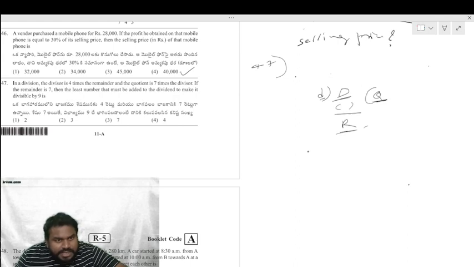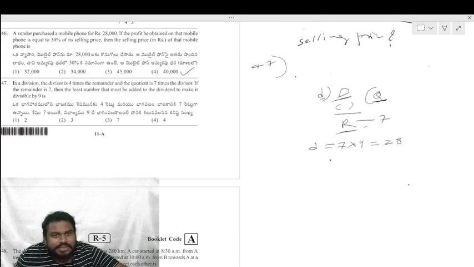If the remainder is 7, then the least number that must be added to the dividend to make it divisible by 9. The divisor is 4 times the remainder, so divisor equals 7 into 4, that is 28.